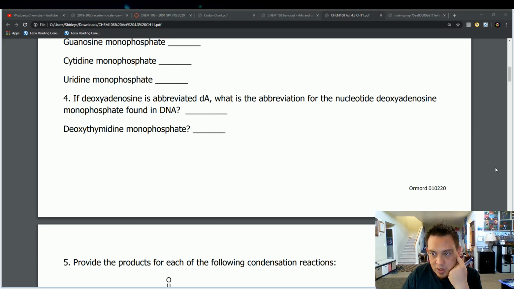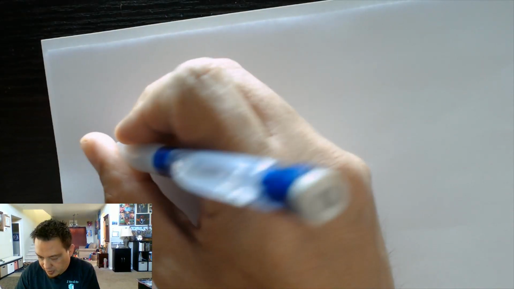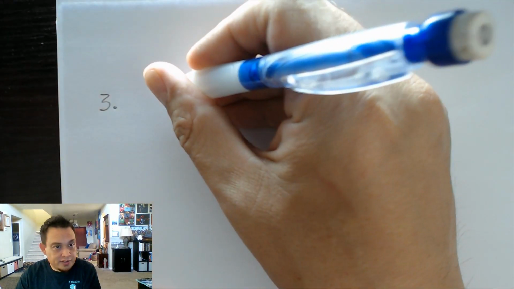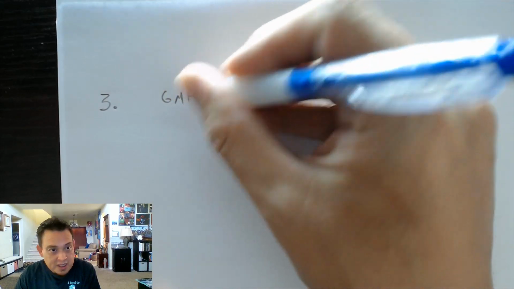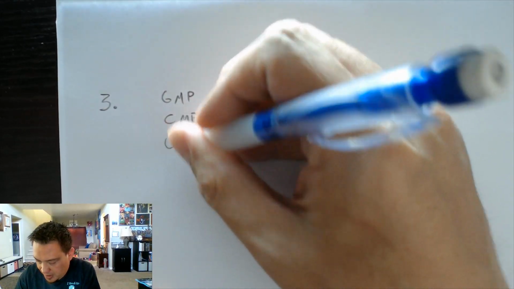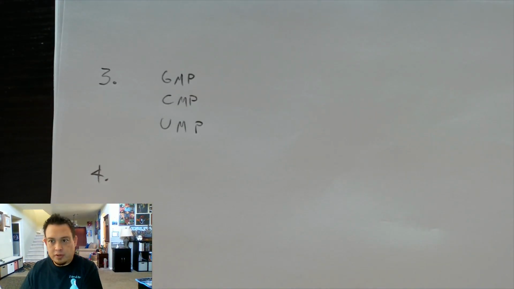Let me show you here. For number 3, make sure to get all these in here. It was GMP, CMP, and UMP. And then number 4, keep switching over.